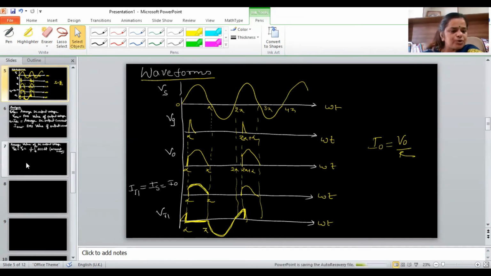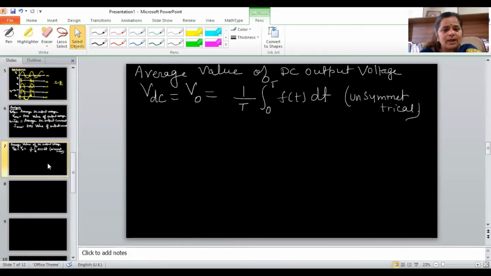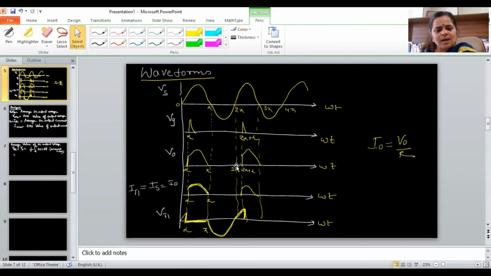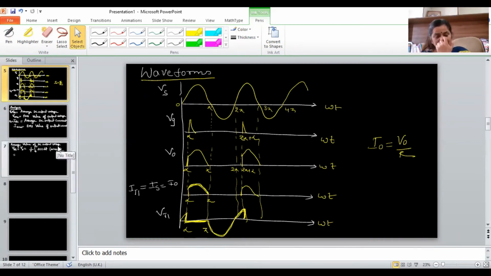So for average output voltage, the load voltage that has come is not a symmetrical function, it is an unsymmetrical function. So we are going to calculate the average output voltage for a complete cycle. A complete cycle means the cycle after which the function repeats its value.